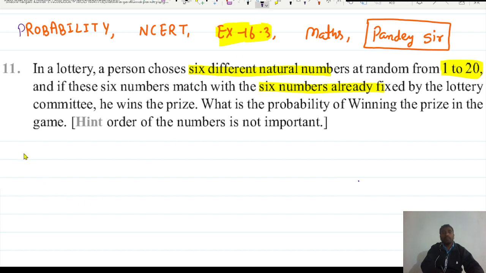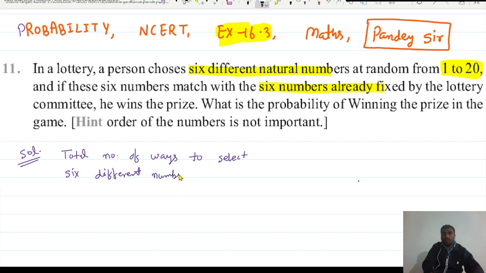Let us write down the solution. Total number of ways to select 6 different natural numbers from the given 20 numbers, from 1 to 20.